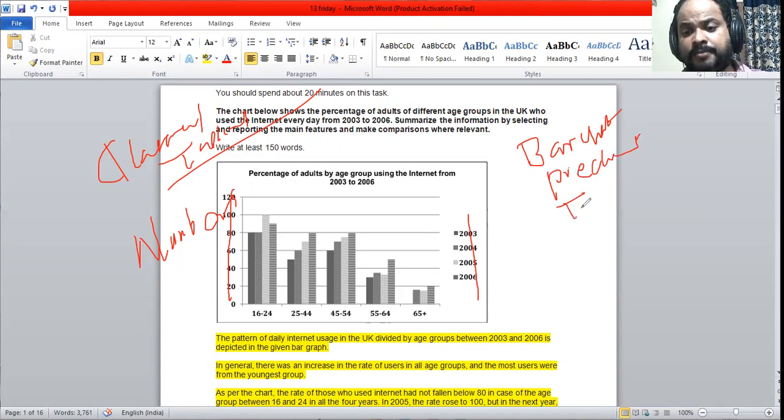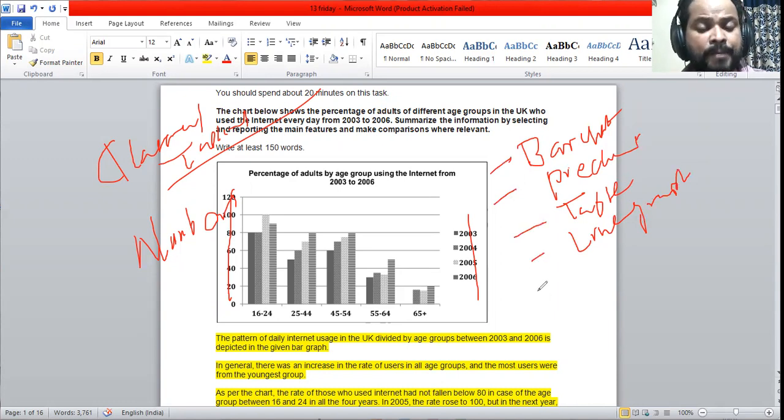Number 3 is table. Number 4 is line graph. In all these 4 areas, we need to compare the data. There will be statistical data where we need to compare numbers. So these are classical academic task 1.